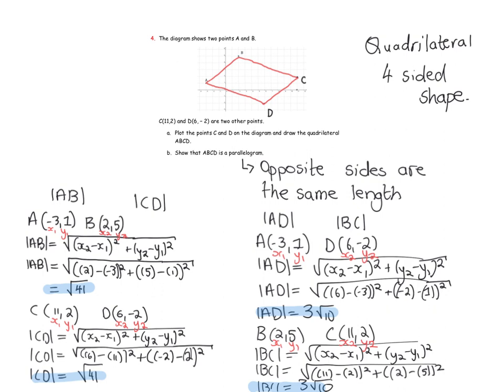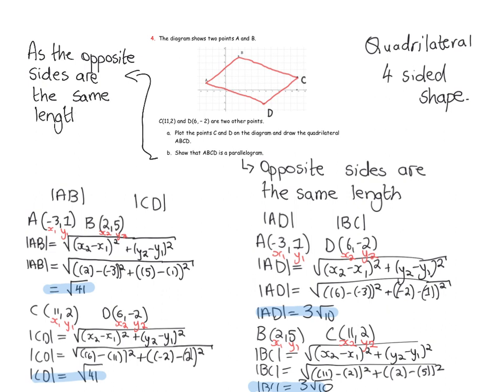So if we go up here, and it's always when they ask us a question or want us to show that it is a parallelogram, for example, we can write exactly what we need to say: as the opposite sides are the same length, ABCD is a parallelogram.